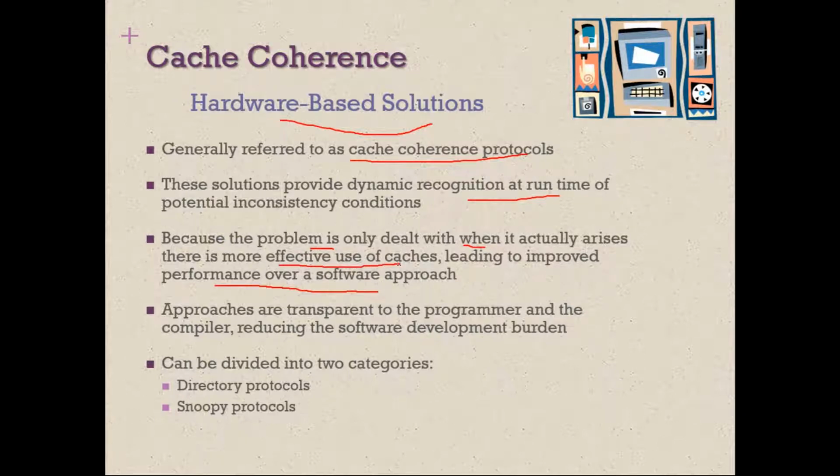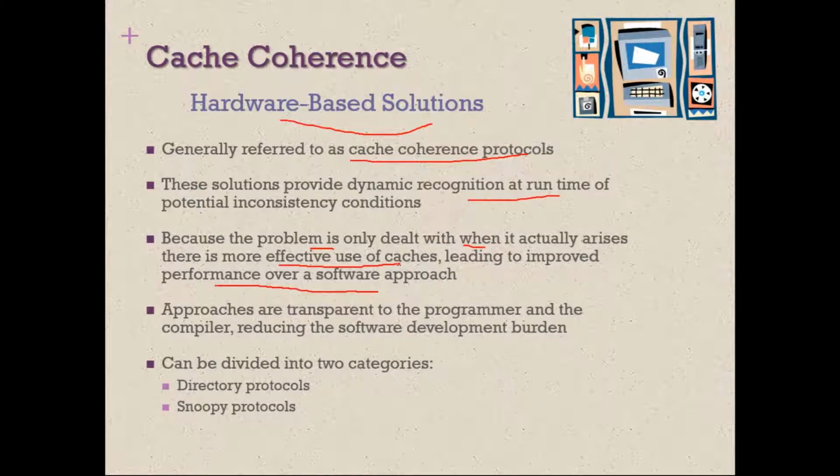But that is not the case with the software based approach. The software based approach is just going to predict. It may happen, it may not happen, like that. For a particular instruction, it may predict that it may not create inconsistency, but that instruction may create inconsistency when it is getting cached.